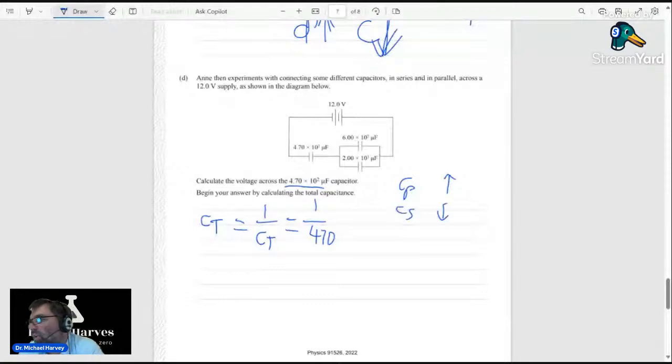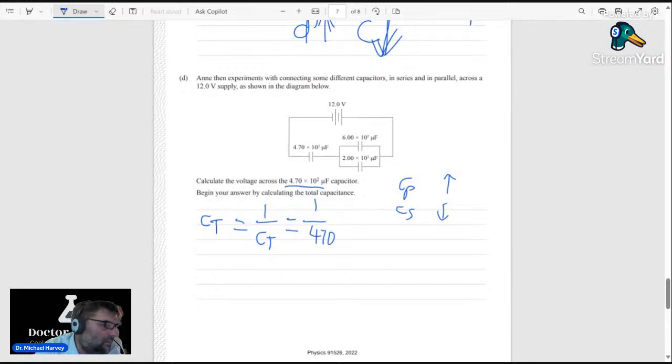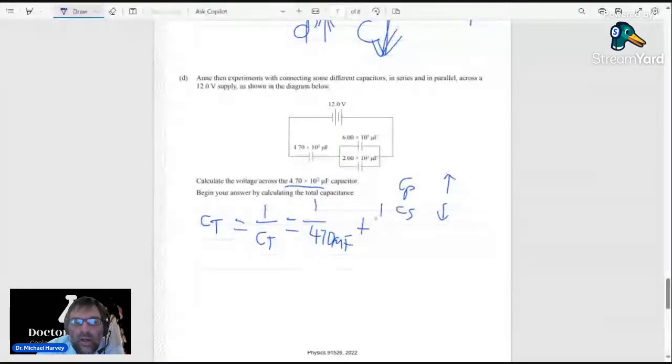Yes, because the charge going into the battery has to equal the charge going out. So yes, charge overall for the system would. Right, so where were we? 1 over 470 microfarads plus 1 over 800 microfarads.